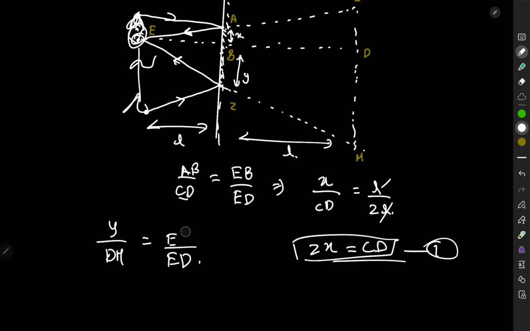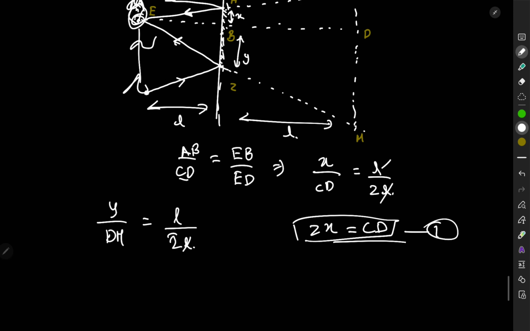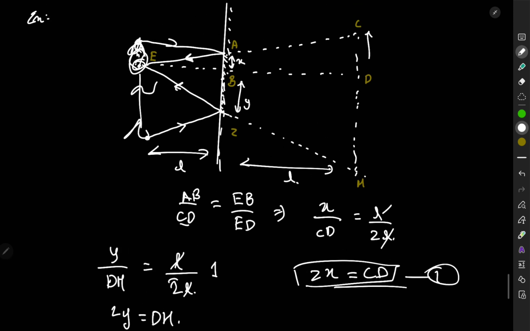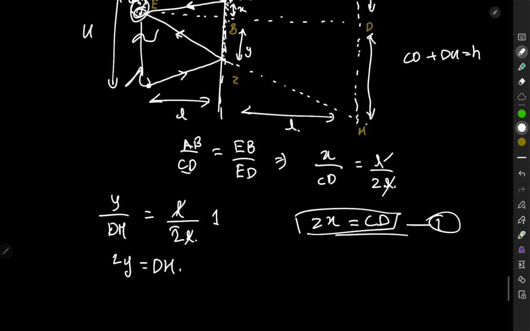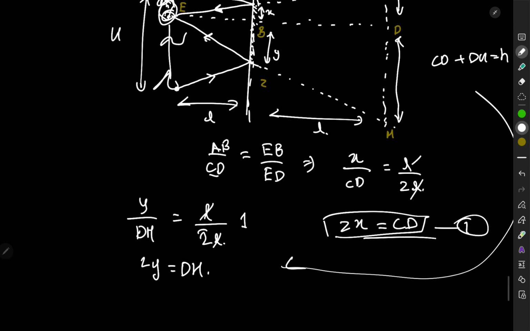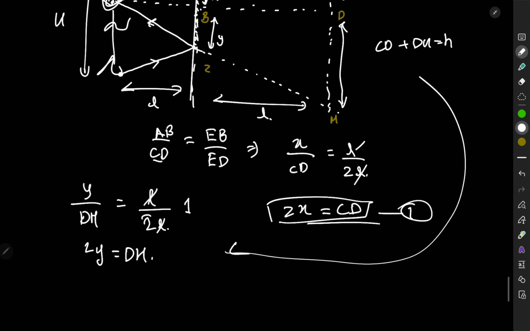L. This is 2L. Fine. Clear? So now same, I get 2y is equal to DH. Fine. Can you tell that CD plus DH will be the height of the boy itself? So can I tell CD plus DH is equal to H? Okay, I'm going to apply it here. CD plus DH is equal to H.